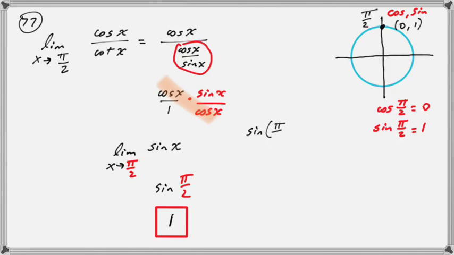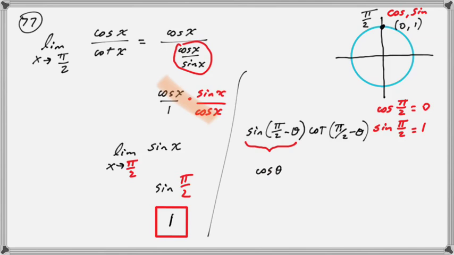Sine of pi over 2 minus theta times cotangent of pi over 2 minus theta. What we're doing in their class is we're doing the cofunction identities. You should have done this last year if you're with me. Sine, when you do that, it turns it into its cofunction, cosine.